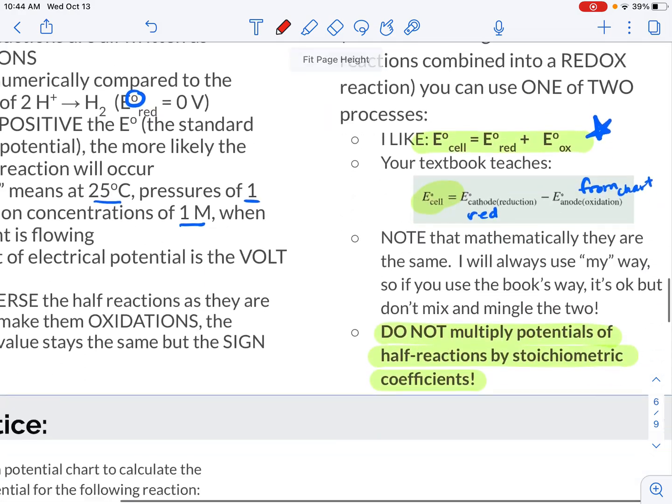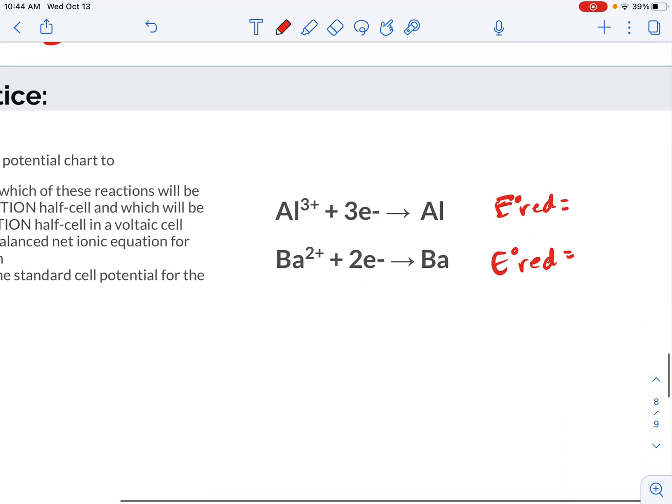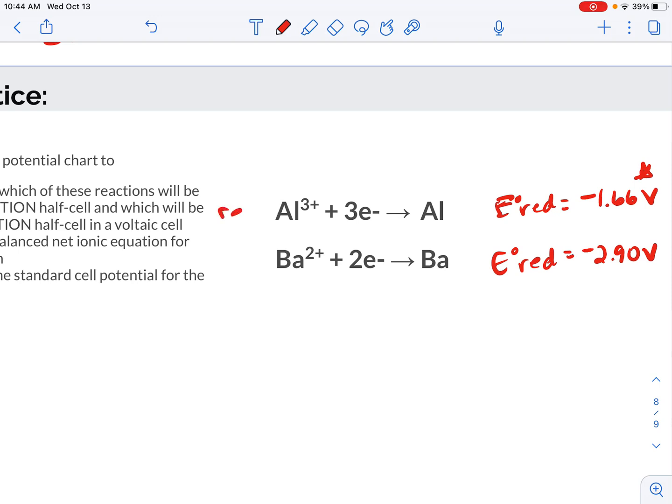So I'm going to go add those to what I have down here. Negative 1.66 volts, negative 2.90 volts. And now I have to make a decision. The one that's more positive is more likely to be the reduction. So that would be the aluminum. That means that this will be the reduction, and this actually isn't going to occur like that, but will occur as my oxidation.